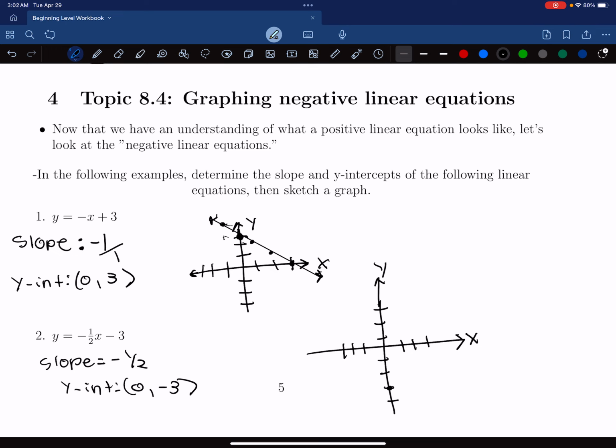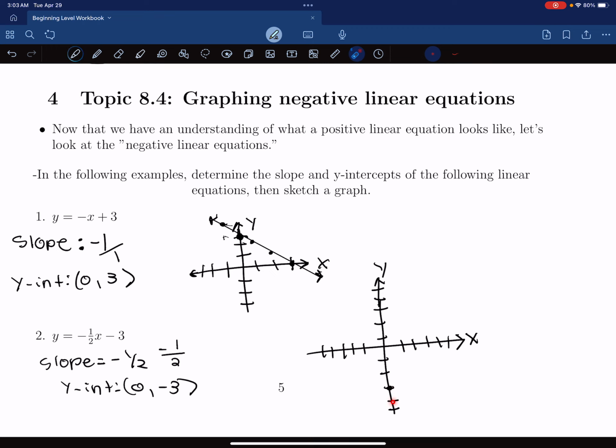Let me actually make the tick marks 5 tick marks. So we're going to be going down by 1, and then going right by 2, because you can think of the slope as -1 over 2.